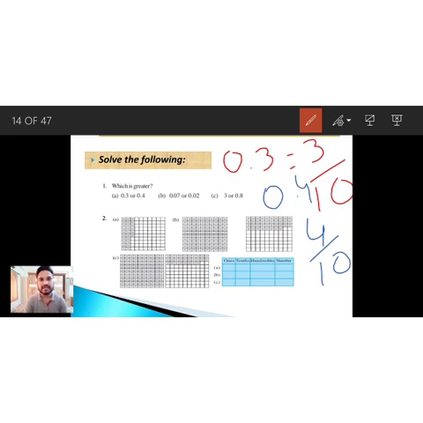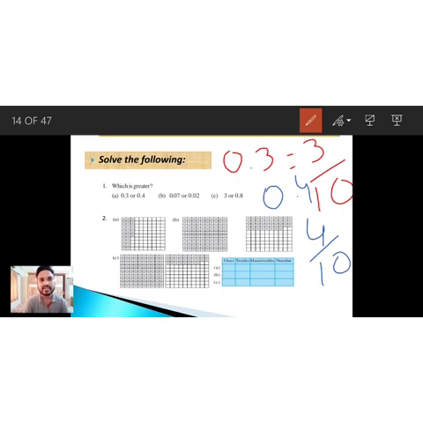Now for the second, there are 3 questions, A, B and C. You have to write the total number in the respective boxes: the ones, the tenths, the hundredths and the number. In the first, A, the total is 26.